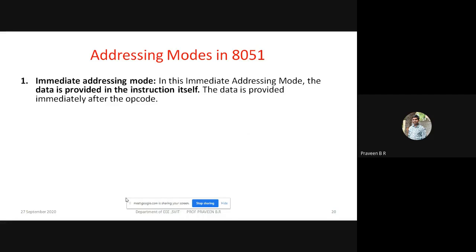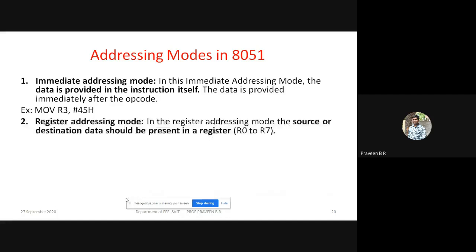The data is immediately provided after the opcode. So in this particular instruction, I am moving data 45H into the register R3 directly. So it is called immediate addressing mode. In the immediate addressing mode, hash indicates that it is data. Without hash indicates that it is an address.